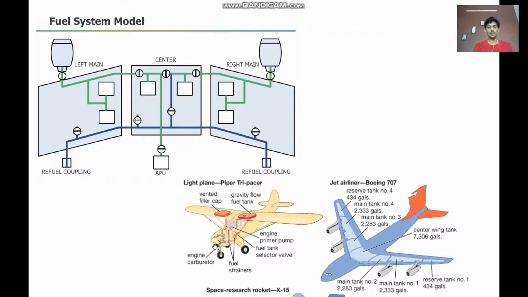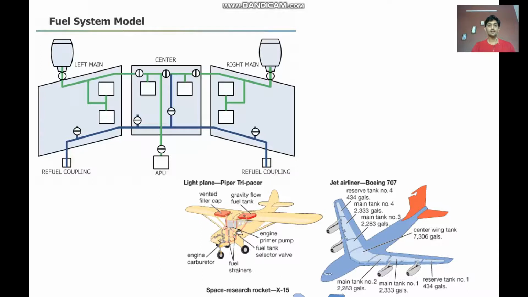Now if you look at this diagram, which is a very old type of aircraft in which gravity based fuel systems are used. There are two tanks, on the wing, which is the high wing type of aircraft. These two tanks will supply the fuel continuously to the engine through many subcomponents like engine carburetors, strainers, pumps, and valves.